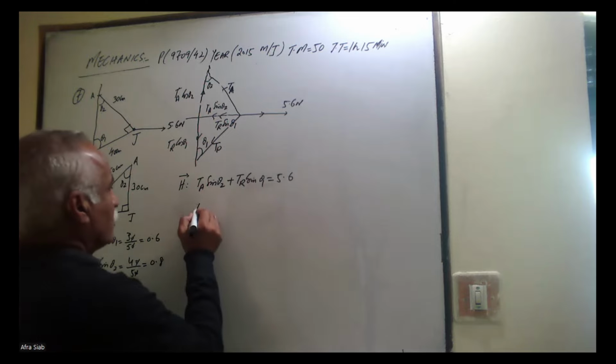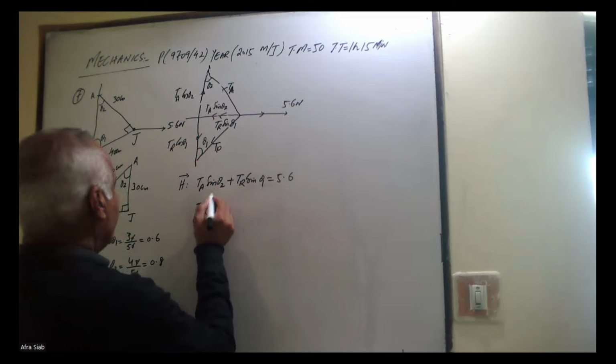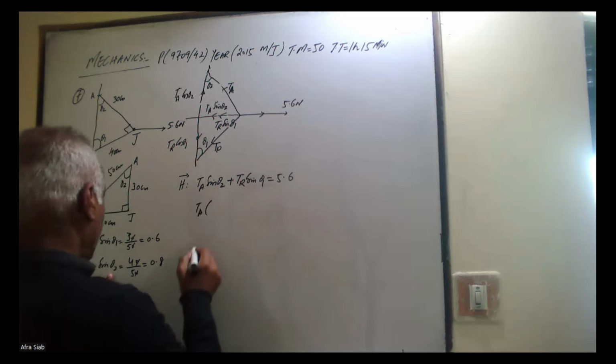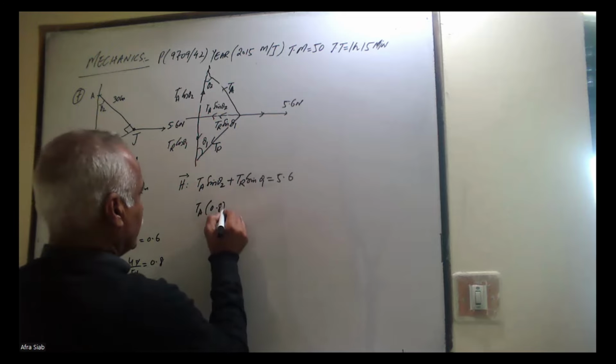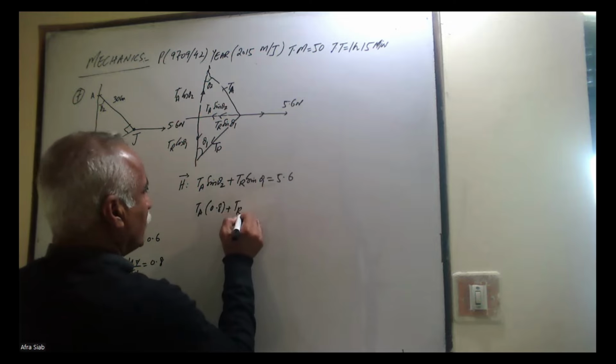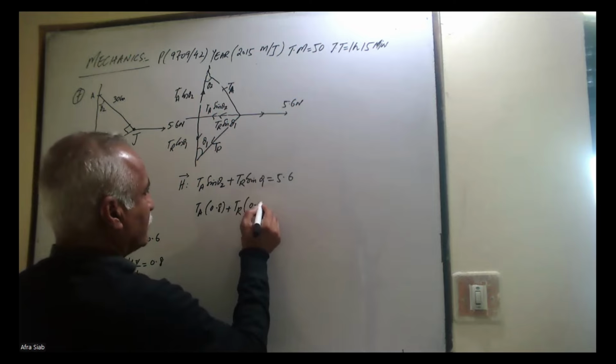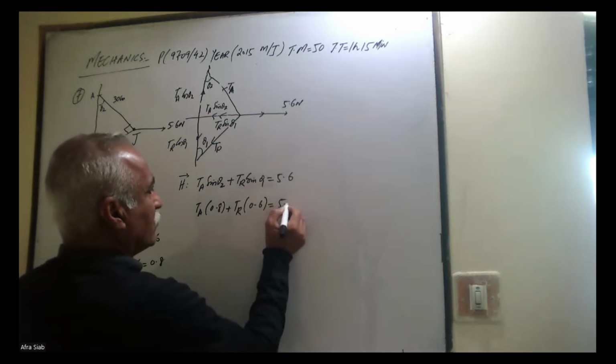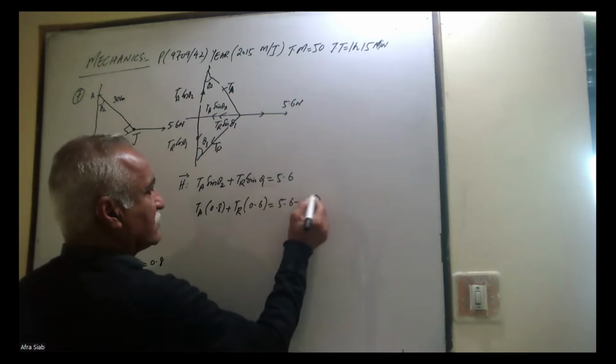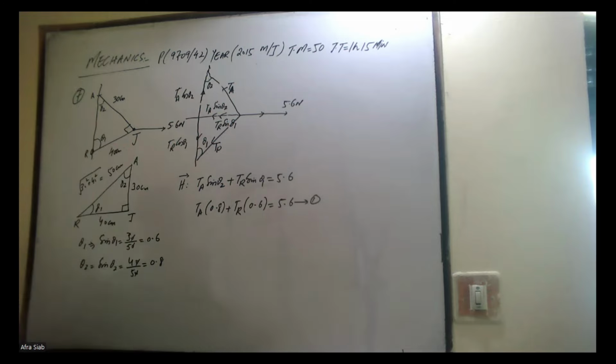TA we don't know, but sine theta 2 is 0.8. TR we don't know, and sine theta 1 is 0.6, and that is equal to 5.6. Let's say it is equation number 1.